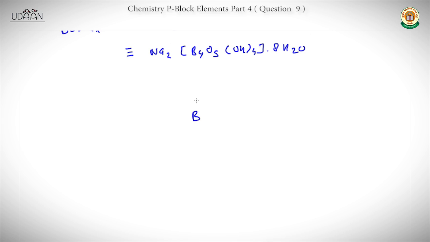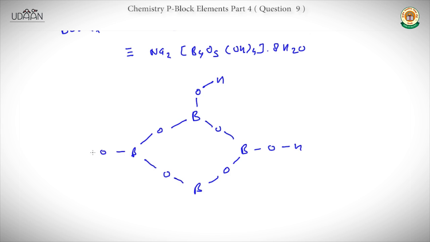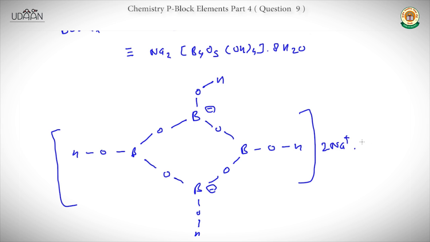Yes. Now we will draw the structure of borax. So it is boron, oxygen, boron, oxygen, OH, boron, then oxygen, again boron, then oxygen, boron, OH, whole bracket, minus charge, 2 Na plus and dot 8H2O.